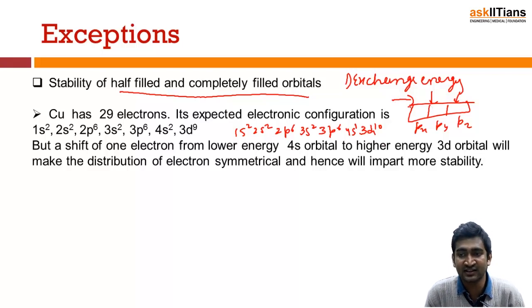But if the second case is if it can only occupy this space, then it is left with two spaces in which my next orbital will occupy, right? So which will be less stable as compared to the previous case. So that is called the exchange energy. In case of half filled, all my electrons are degenerate. They are like the same set of orbitals, right?